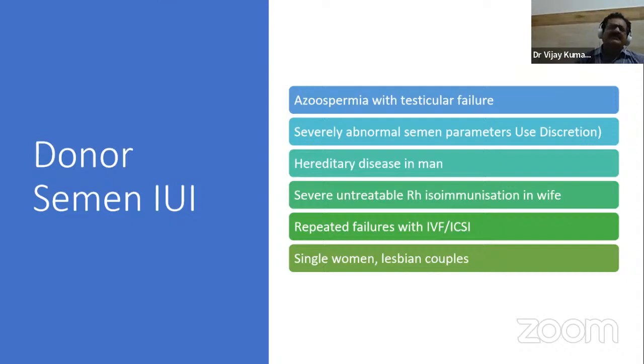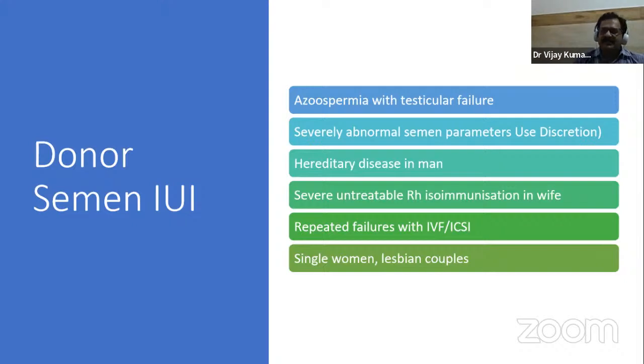Hereditary disease in man. So this also becomes a reason for IUI. Severe untreatable Rh isoimmunization in the wife. So if the wife is Rh isoimmunized and there is subsequent repeated pregnancy loss, in such cases it becomes very important to have the conception with a donor sample of Rh negative blood group.